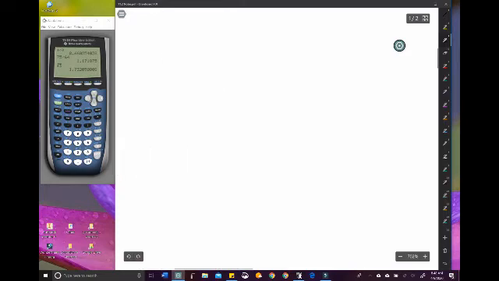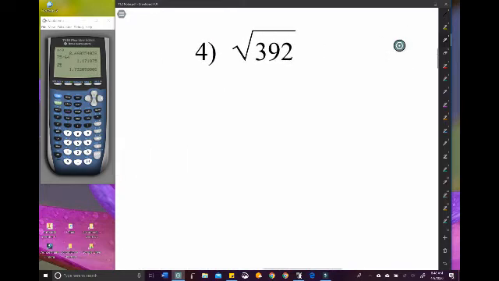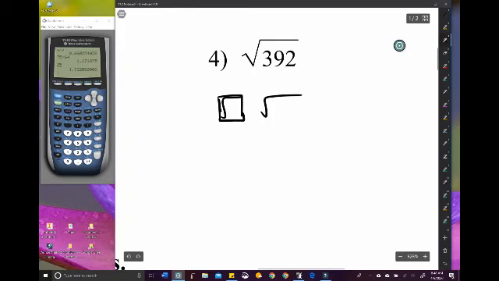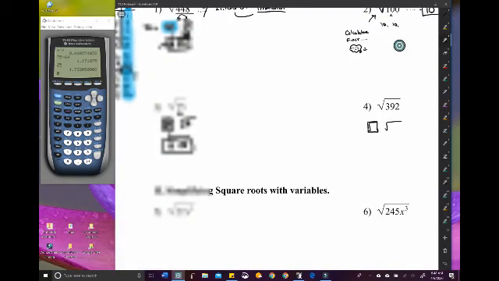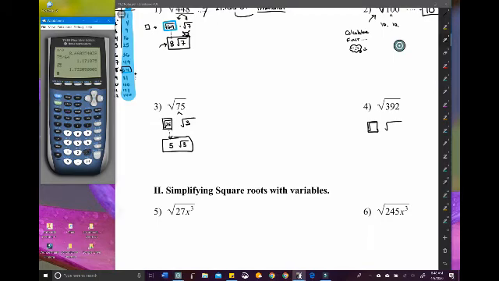Okay. Number 4, 392. So pause, give it a shot. First idea, remember, break it down into a perfect square radical and a regular radical. Reference either your note card, if you have a note card of all the perfect squares, or just try and divide it by things. So 392.